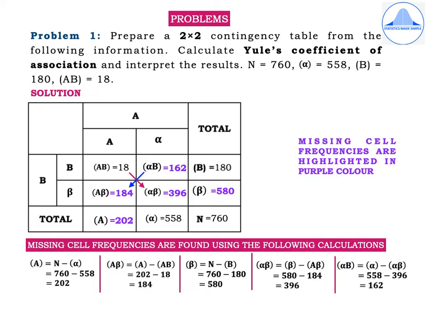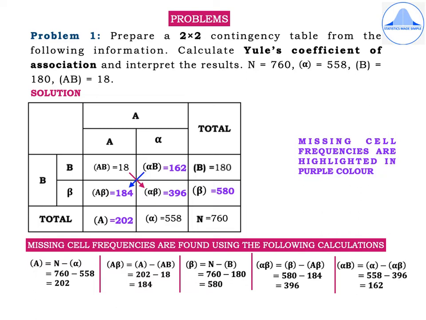Under solution, we first need to form the 2 by 2 contingency table where you have the attribute A divided into two classes A and alpha, and the attribute B divided into two classes B and beta. We also have the total column and the total row. Then first write the cell frequencies, that is AB, alpha B, A beta, alpha beta.